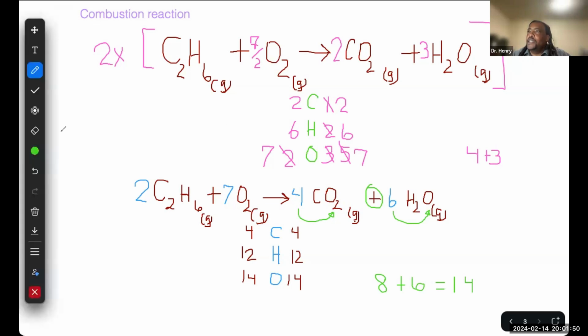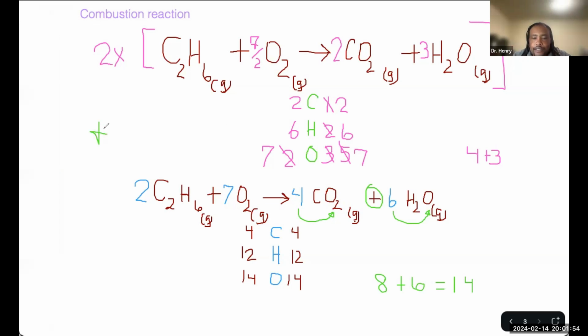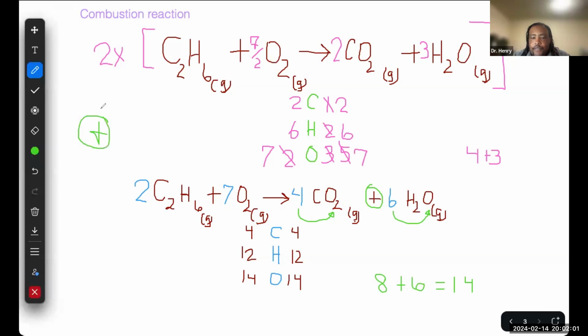What does this symbol mean? If I draw that, what would that mean to you? If I said Mary here, and I put that symbol, what does that mean?